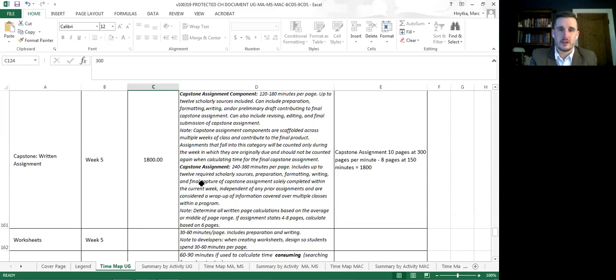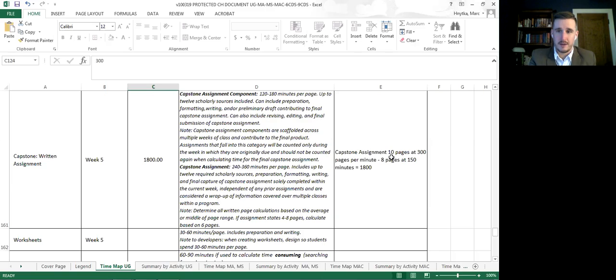So the capstone written assignment, as you can see, the components are 120 to 180 minutes per page, but the entire assignment itself is 240 to 360 minutes per page. You should have the same ratio of time. So if you went on the 120 minutes for the components, then it would be 240 for the assignment, and vice versa, 180 would translate to 360.